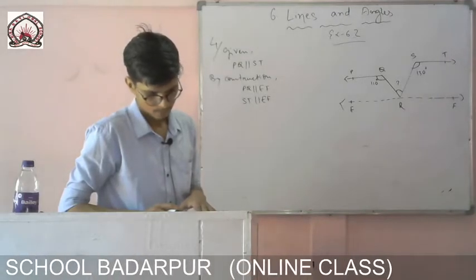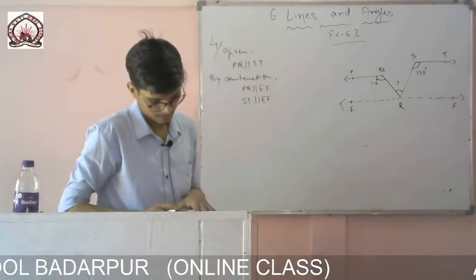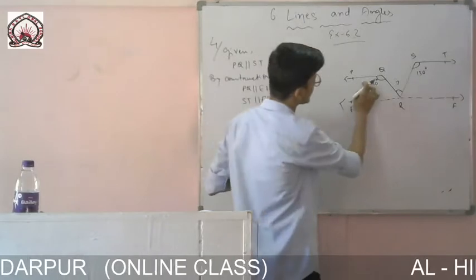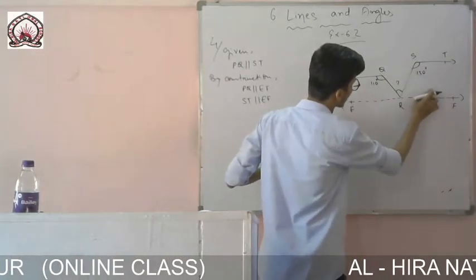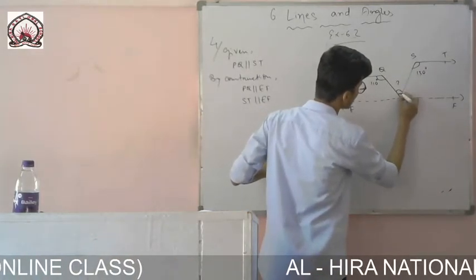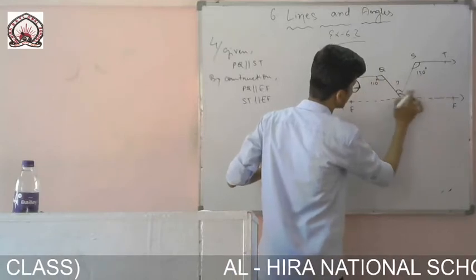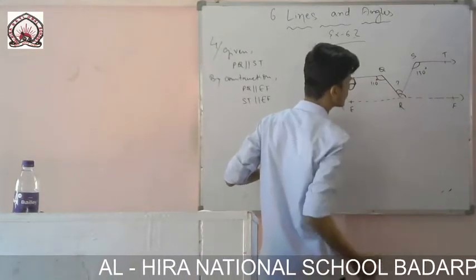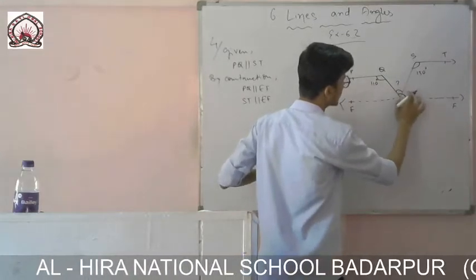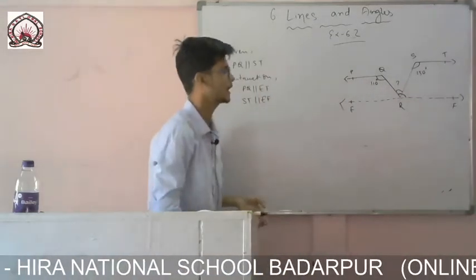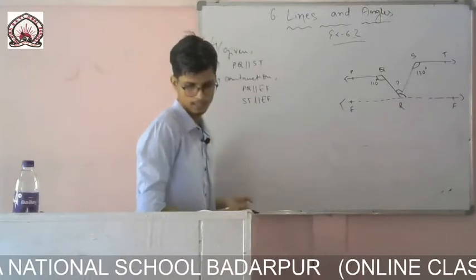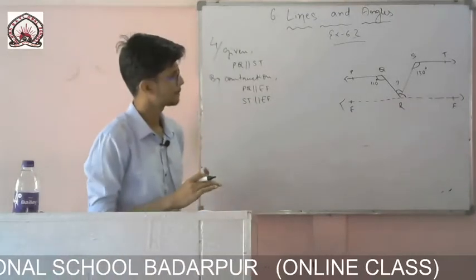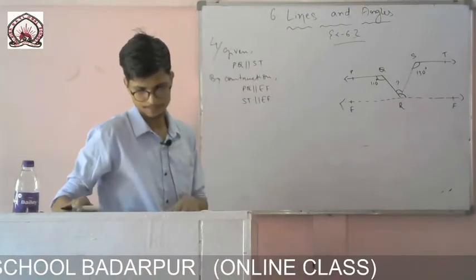Okay. So PQR is given as 110, and QRF, these two angles, this angle and this angle, this one is parallel to this one. So this angle and this angle are alternate angles. So if it is 110, then this angle will also be 110. This angle will also be 110. Okay. So I can write it.